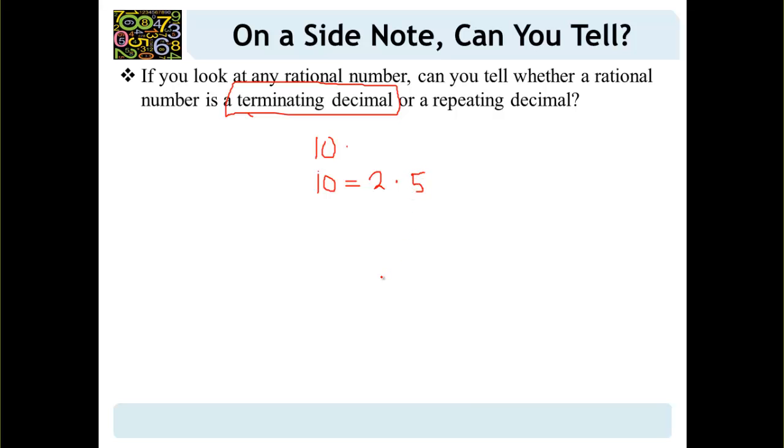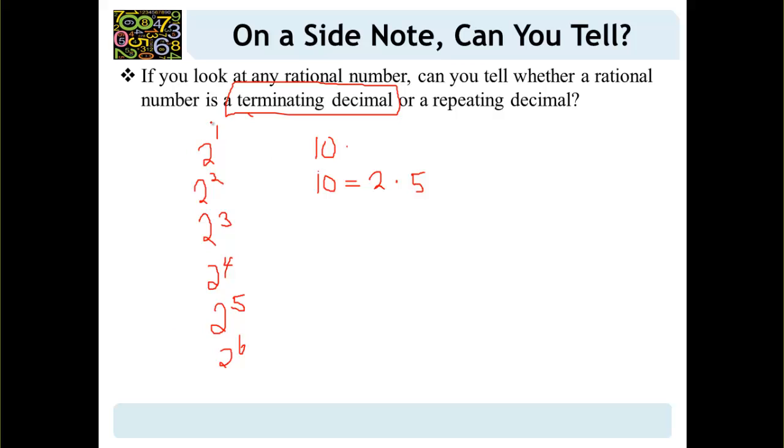So, this also applies to the fact that any number that you divide by 2 or the powers of 2: 2 squared is 4, or 2 cubed is 8, or 2 raised to power 4 is 16, or 2 raised to power 5 is 32, or 2 raised to power 6 is 64.